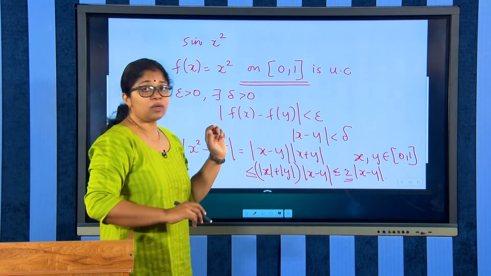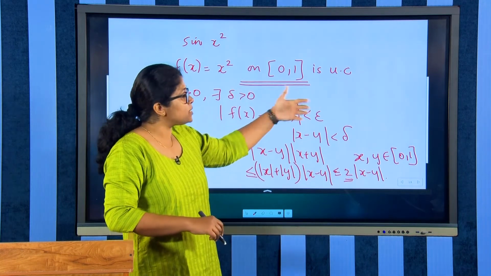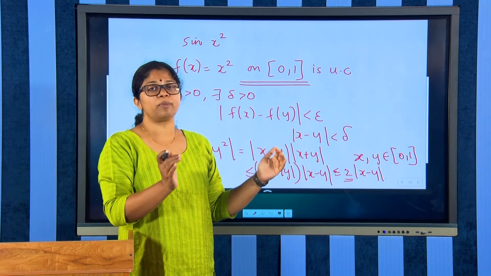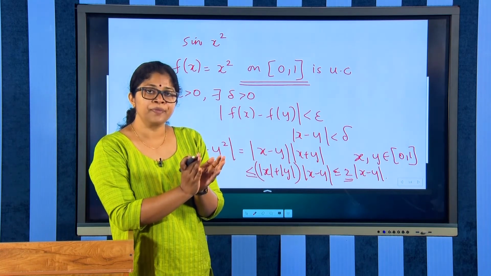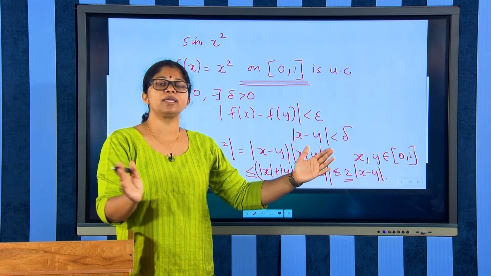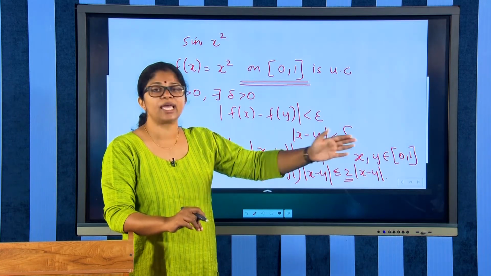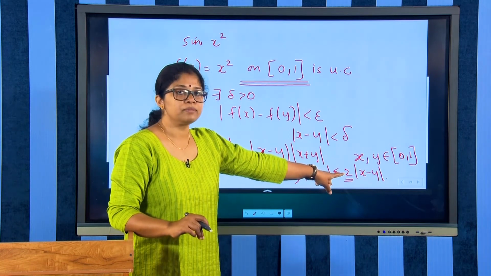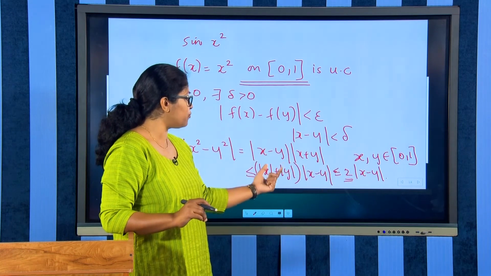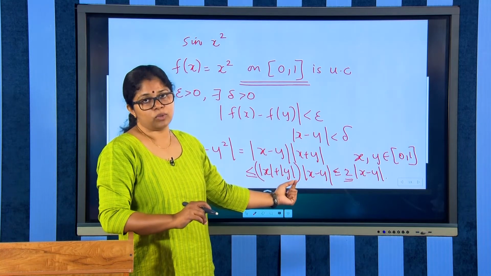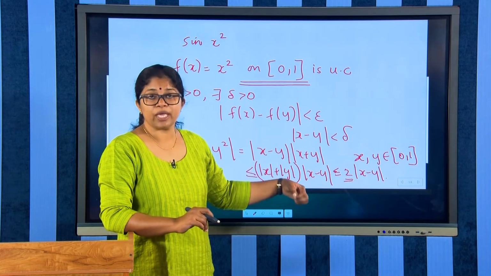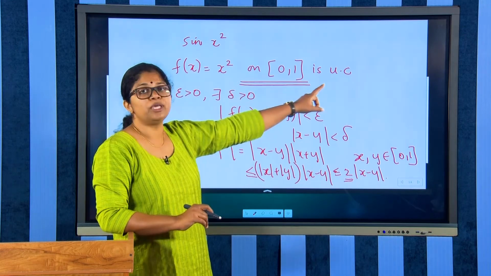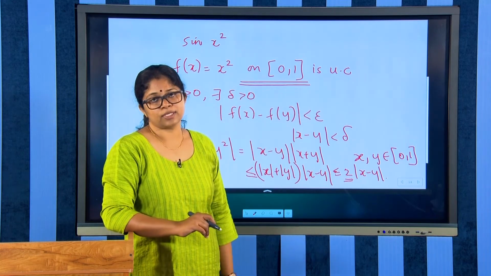Otherwise, if we are not restricting the domain to the closed interval 0 1, and instead we open the domain to the entire real line, we cannot have a value like this, because we cannot have an upper bound for mod x and mod y. In that case, we cannot have the function f of x equal to x square to be uniformly continuous.